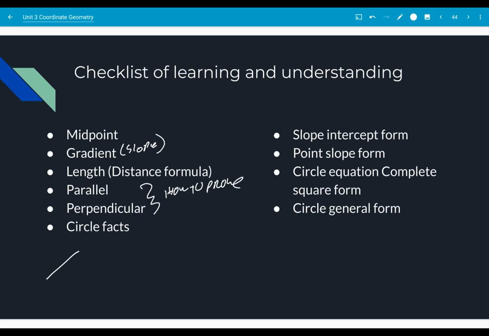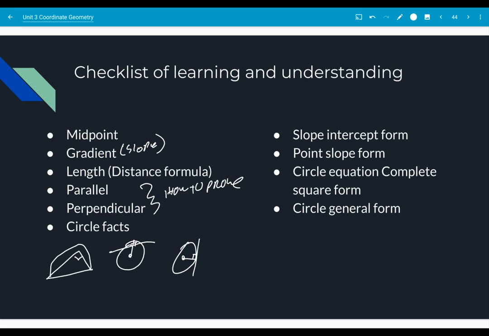So you've got your angle in a semicircle, the perpendicular bisector of a chord, and the tangent. So those are your 3 circle facts that you need to know.